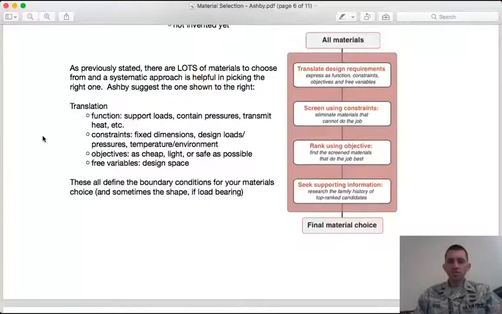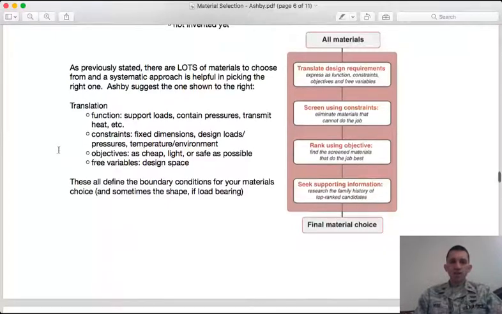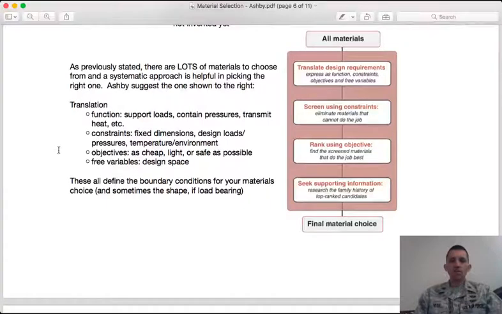Is it transferring heat? And then once you've defined that function, you say, okay, so what has already been decided? What are my constraints, right? Does this thing need to be a certain size? Does it need to have a certain shape? What is the environment that it's going to be in, both temperature and, say, corrosion environment.